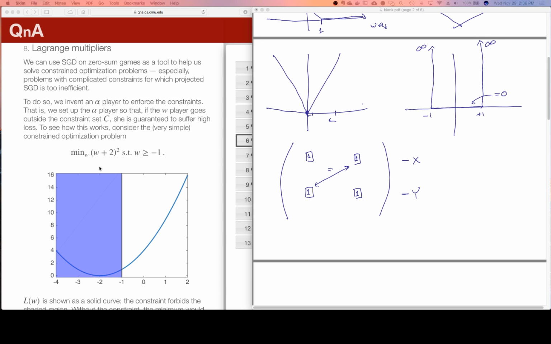And Lagrange multipliers are for helping us solve optimization problems with complicated constraints, at least more complicated than the sorts of constraints that projected SGD or prox SGD can handle. And so what we're going to do is we're going to start from a minimization problem, and then we'll invent a separate player, a second player, whose job is to enforce the constraints. So let's see how that works.